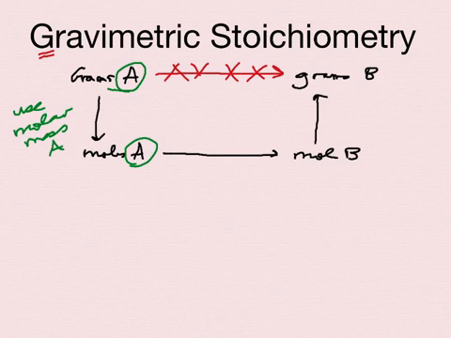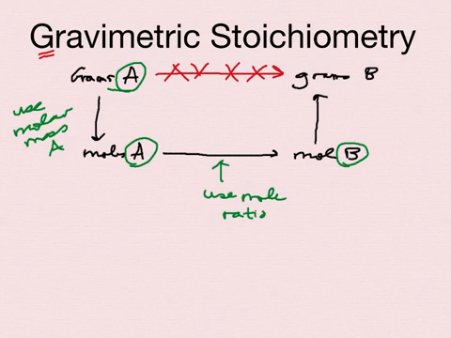Now, if you know the substance amount in moles of anything in your reaction, you can convert that into moles of another substance in the reaction directly by using the mole ratio, which we determined comes from the balanced chemical equation.